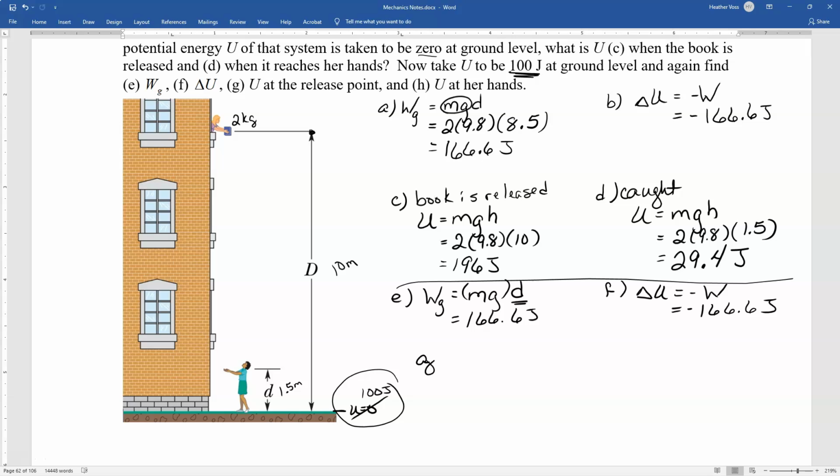So at the release point, our potential energy is going to be 100 plus what we calculated earlier. So that is going to be 296 joules. And at the hands, again, it's going to be 100, what our ground zero is, plus 29.4. So this is going to be 129.4 joules. So take a look at this and tell me what questions you have.